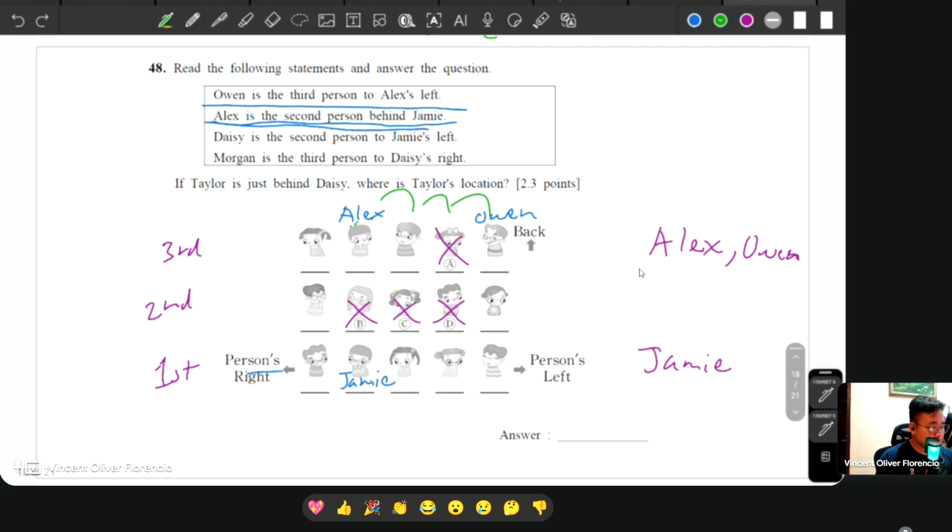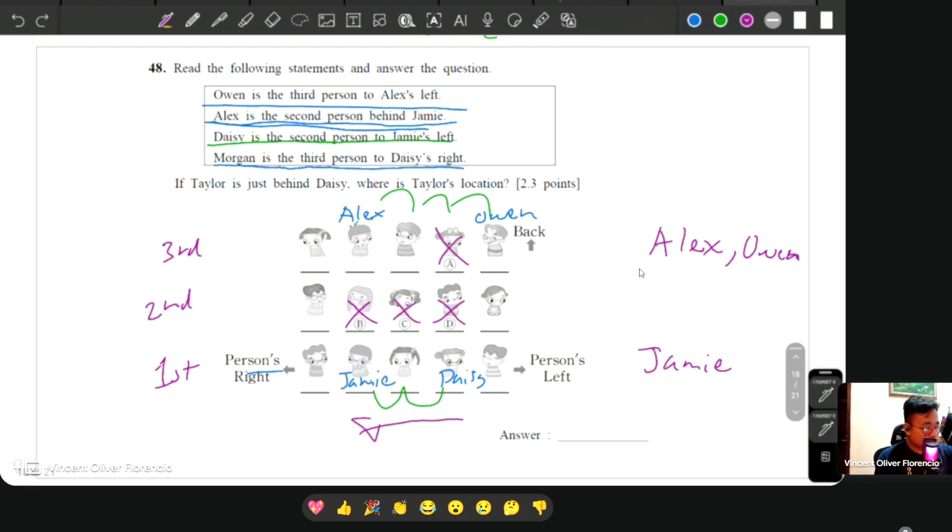Next, third one. Daisy is the second person to Jamie's left. So Jamie's left is here. Second, that means 1, 2. That means this is Daisy. Now the last one: Morgan is the third person to Daisy's right. Where is Daisy's right? Daisy's right is here.